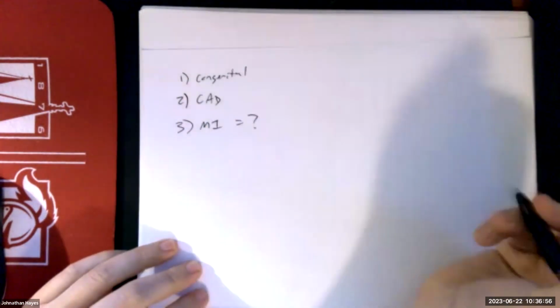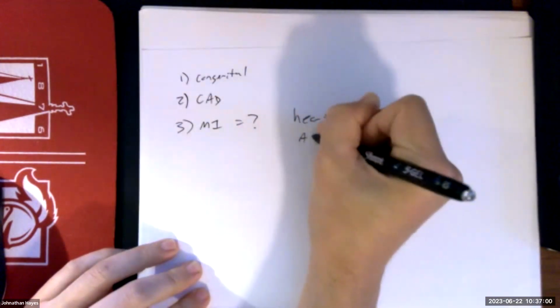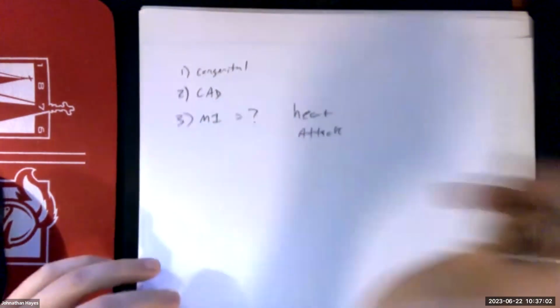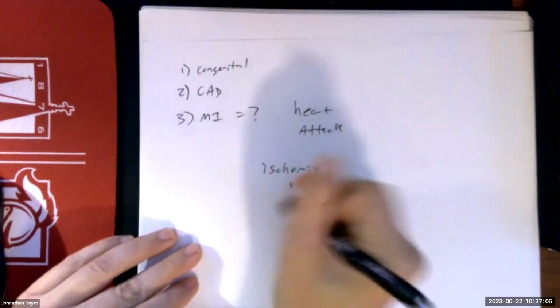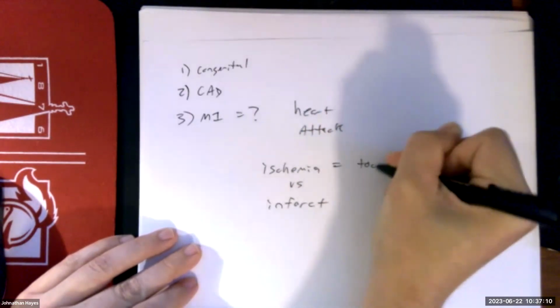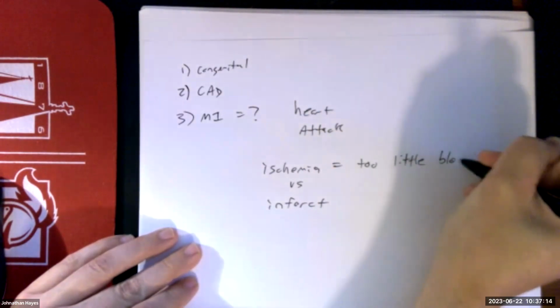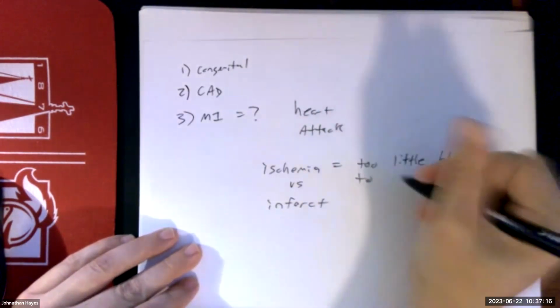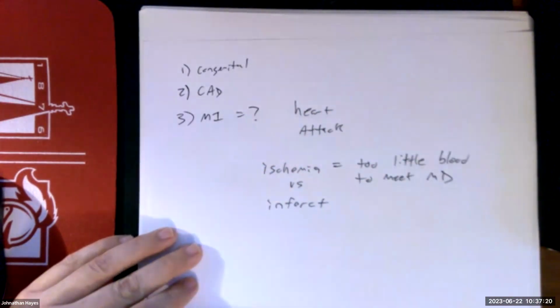So what is myocardial infarction? That's the same thing as saying a heart attack. And it's based, again, off the idea of ischemia versus infarct, which ischemia is too little blood to meet metabolic demand.